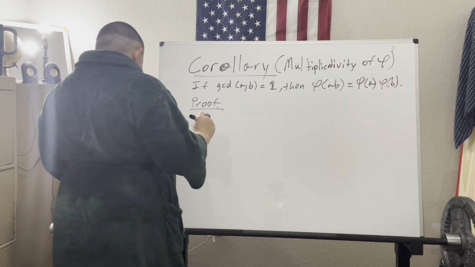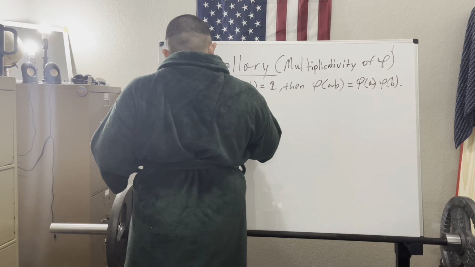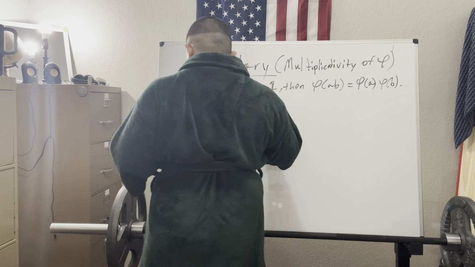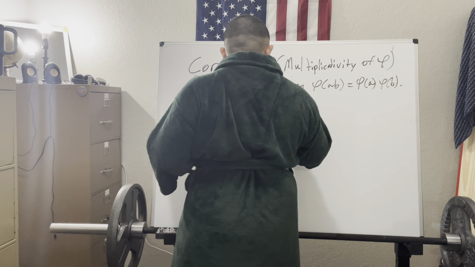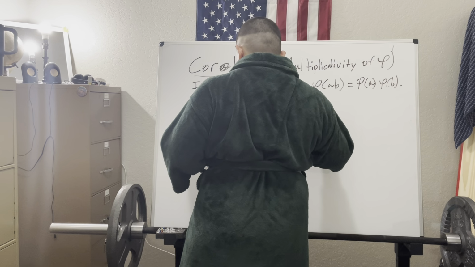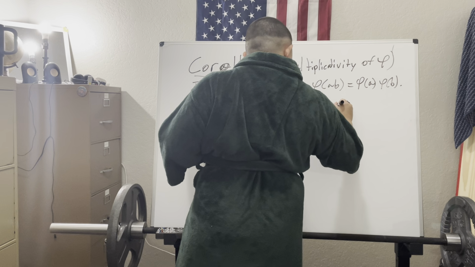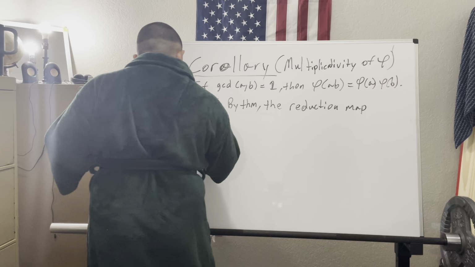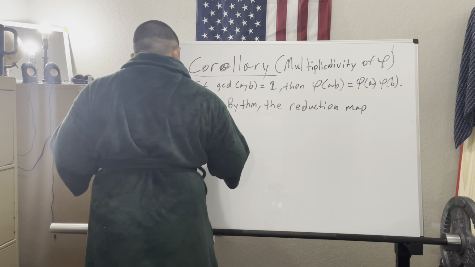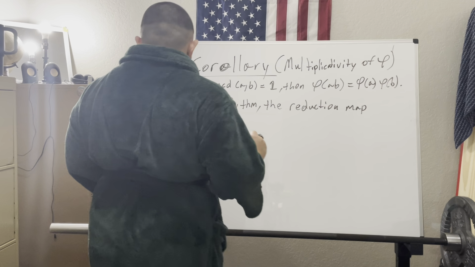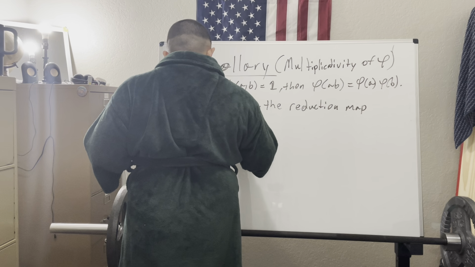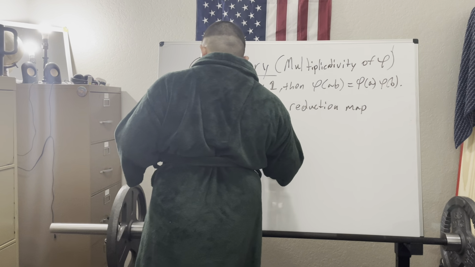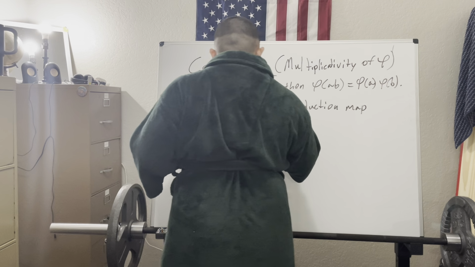Okay, so by the theorem, the reduction map of the integers over A times B integers to the cross product.